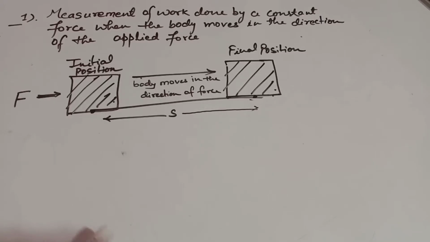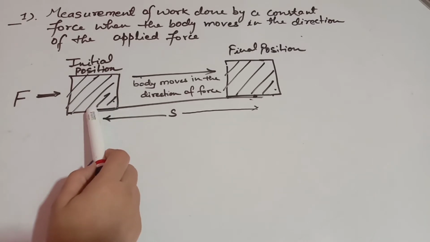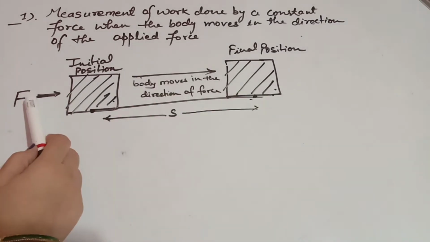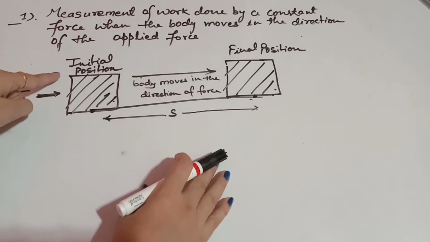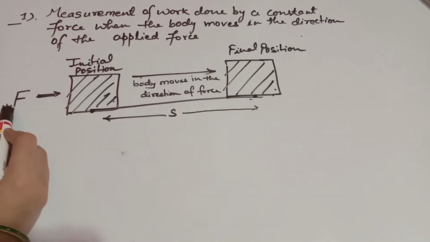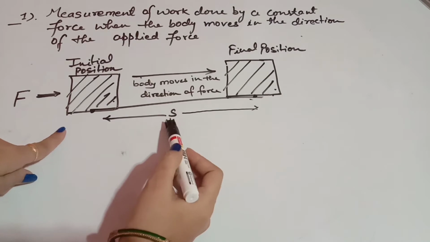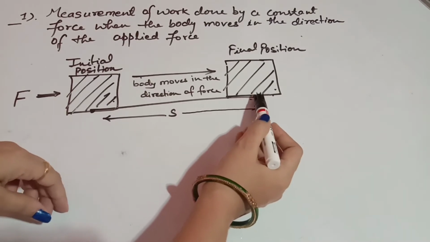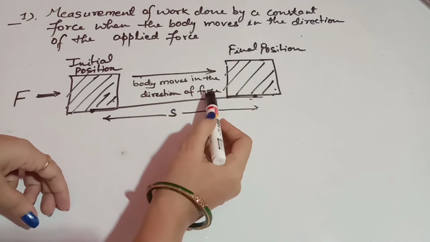Condition: when the force is applied on the object and it moves in the direction of the applied force. Now see the picture clearly. The initial position of your object is this. We are applying a force capital F on this object and it displaces. The displacement is denoted by S and this is the final position of the object. The body moves in the direction of the force.